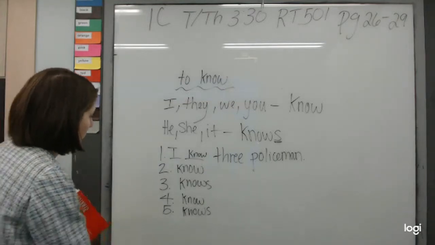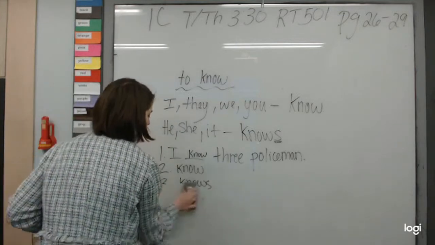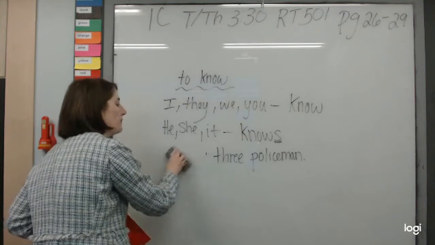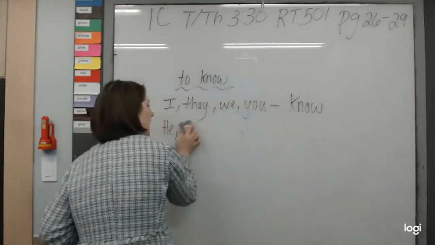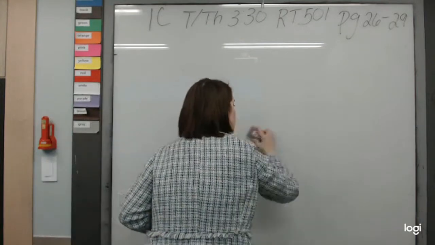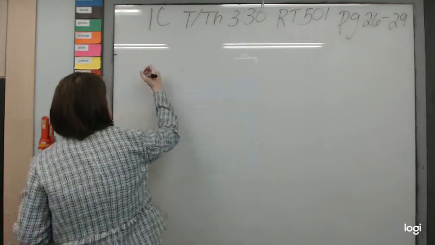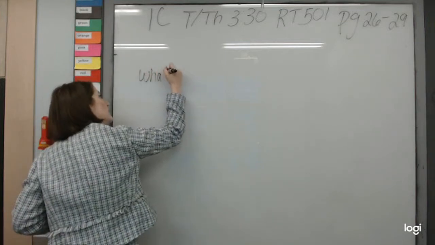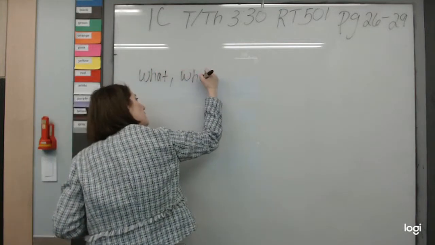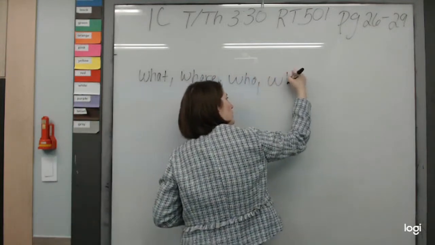Okay, now for the next part, section 2, you will see blank lines. For those blank lines, they want us to use our WH questions. So remember, what, where, who, whose.